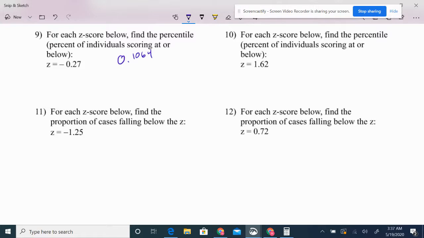Okay, so how am I going to find this? The average percentage is 50%, usually written as 0.5. Since my z-score is negative, I'm going to subtract 0.1064.